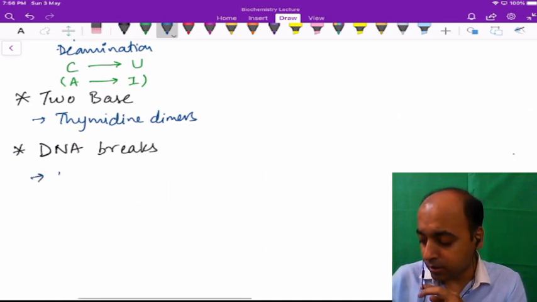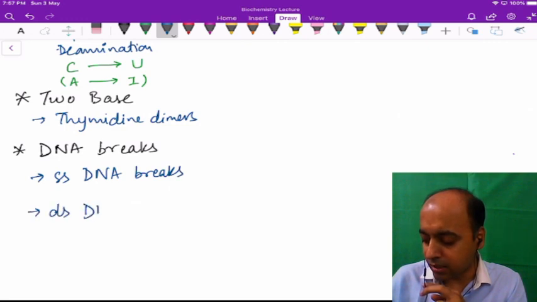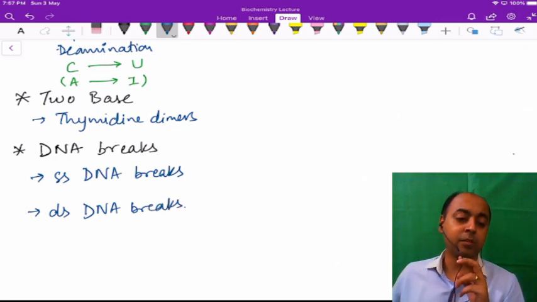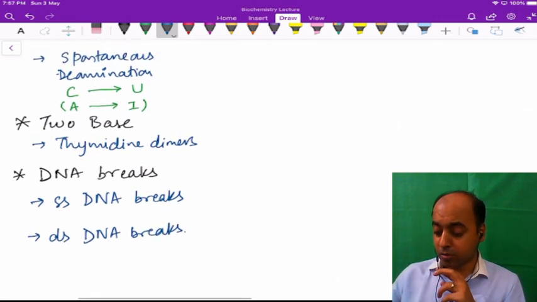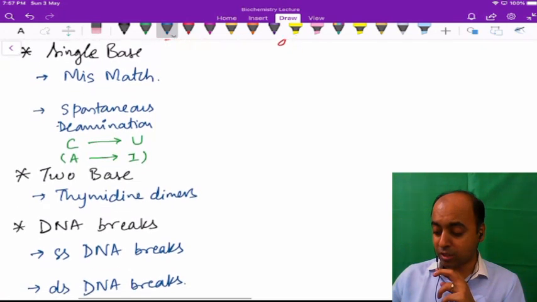These can be single strand DNA breaks, or they may be double strand DNA breaks. So these are some of the common types of DNA damages that we will come across.